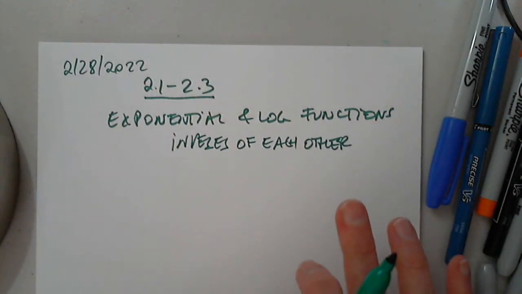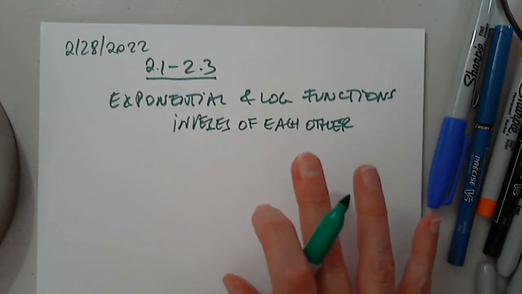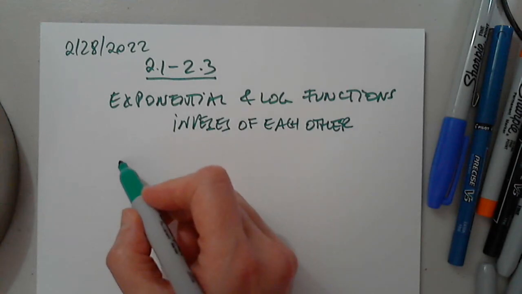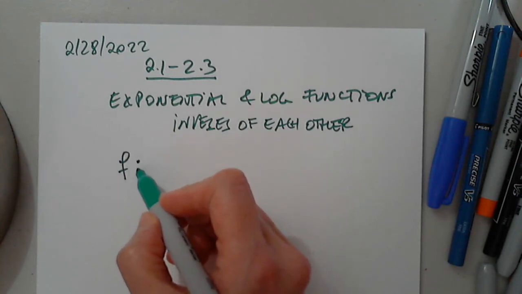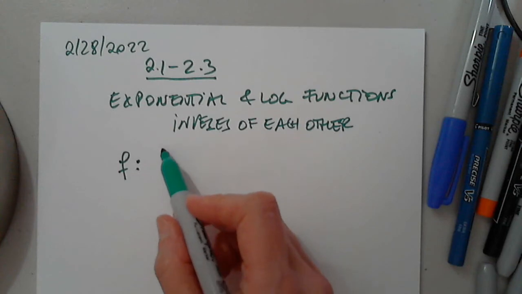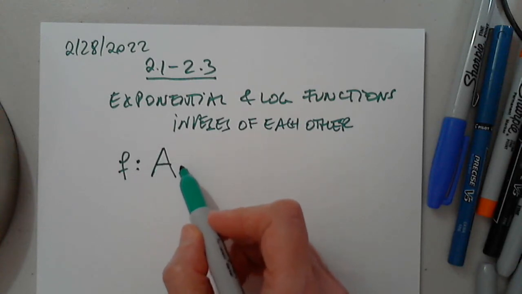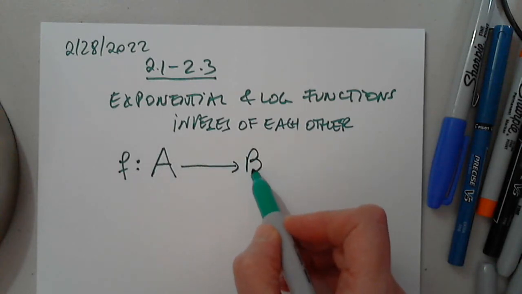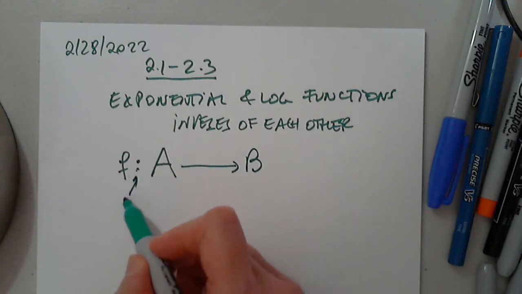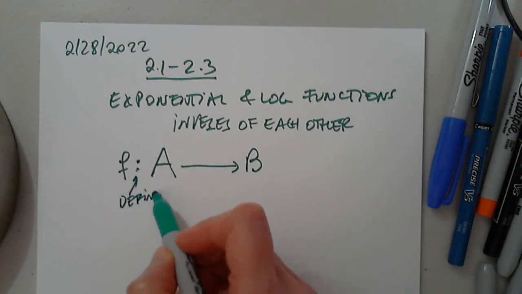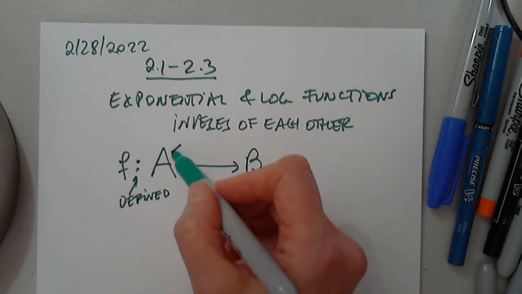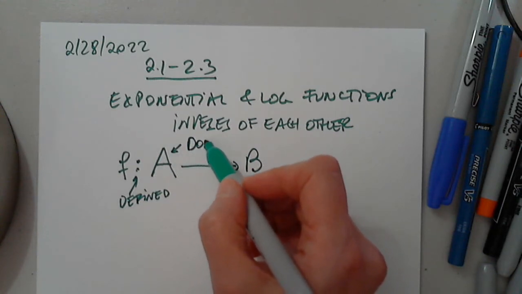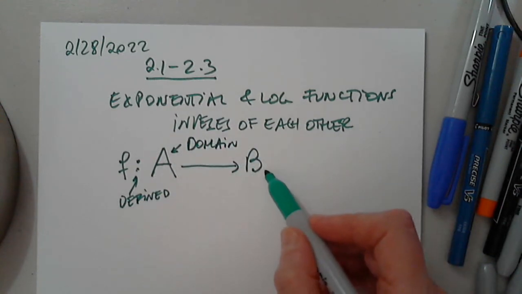So if they're inverses of each other, immediately we have to remember that if a function is defined, this is how we write it, on A, which is the domain, taking values in B, the range.